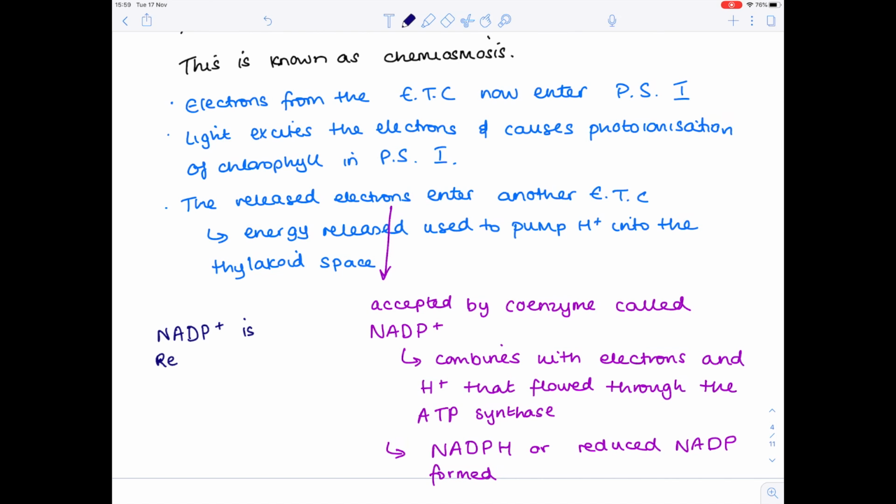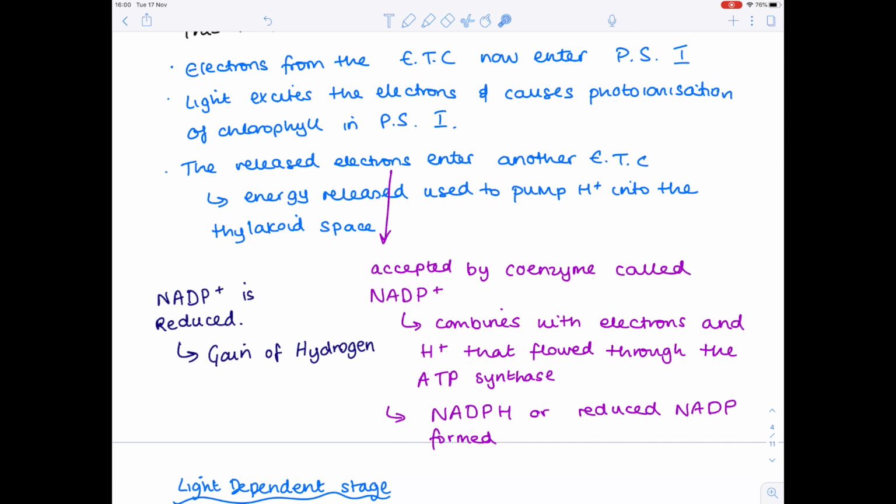Because remember, reduction is a scientific word of which one of its meanings is the gain of hydrogen. And so as we look, we can see that that NADPH has definitely gained hydrogen, and you can either write it with the H afterwards or just say that it's been reduced, because we know it's been reduced because it's gained hydrogen. And this is the end of the light-dependent stage of photosynthesis.